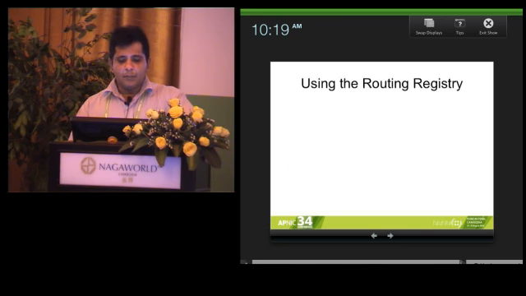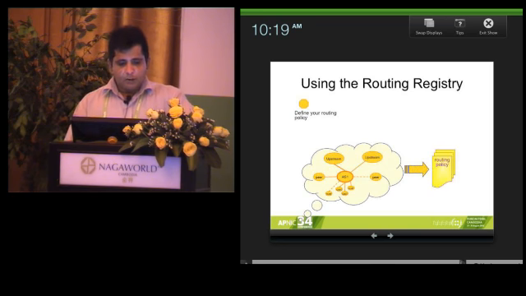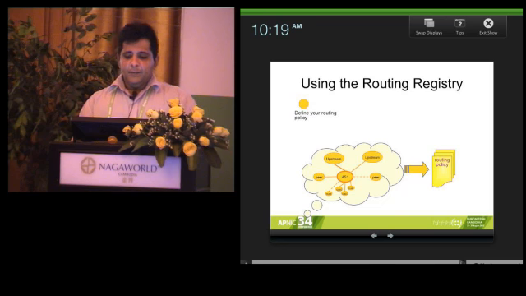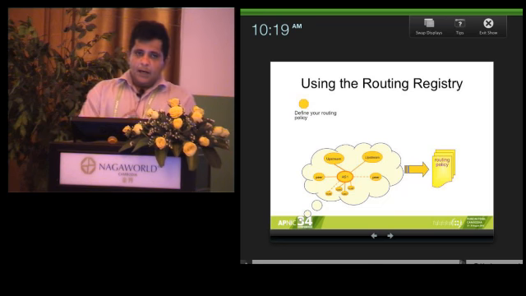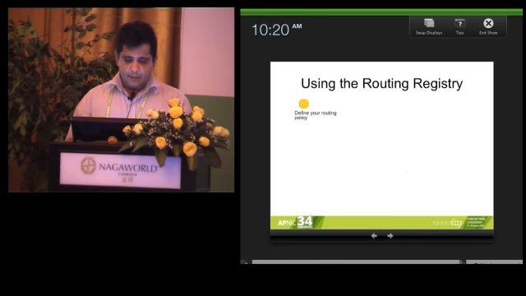And finally, just to summarize everything, because we are almost getting to the end of the time that is allocated. What you need to do with all this summary, using the routing registry as a best practice, is define your routing policy properly in the WHOIS database or the Internet Routing Registry, what we discussed, right?